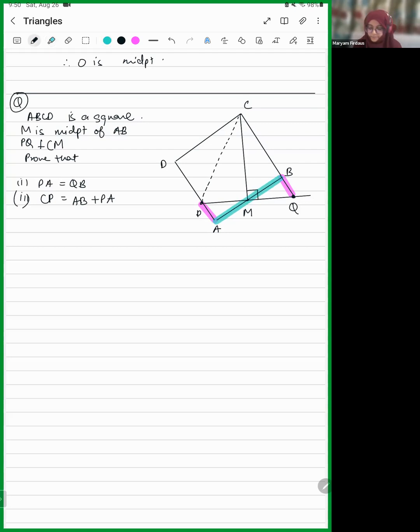First of all, think about how we can solve the first one. Vertically opposite angles, yes. First let's write the statements.